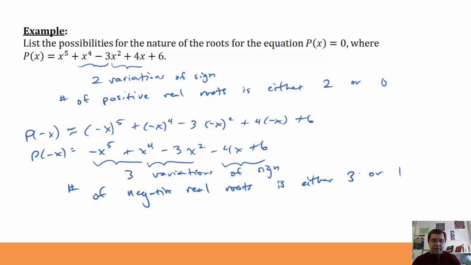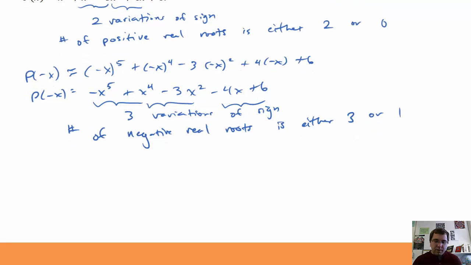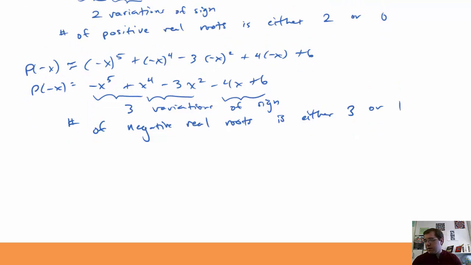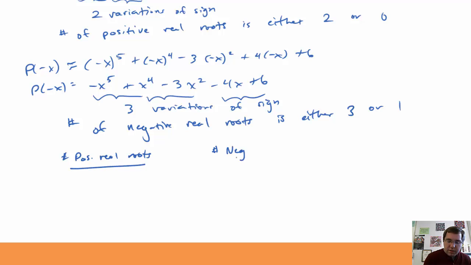Okay. What does that all mean? So let's list out possible scenarios. I've got number of positive real roots. I've got a number of negative real roots. And if it's not a real root, positive or negative, then it's an imaginary root. So the rest of them are imaginary roots.